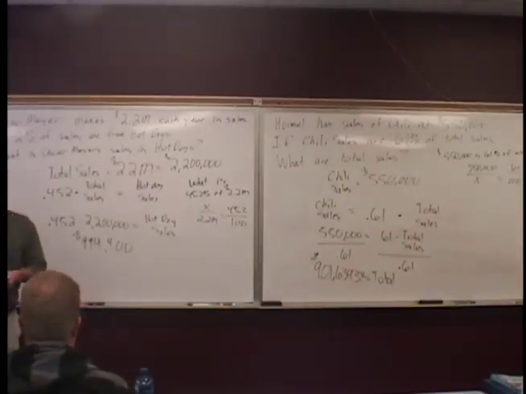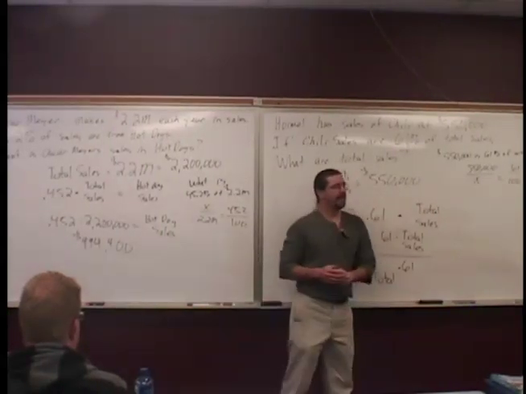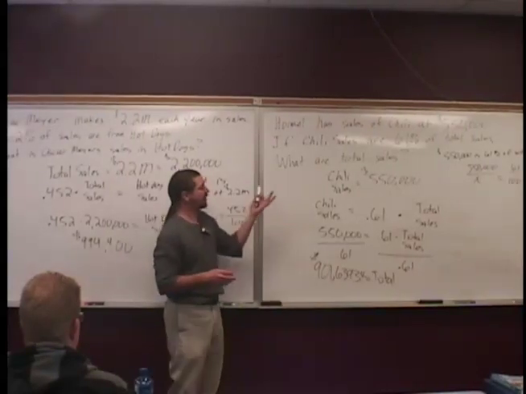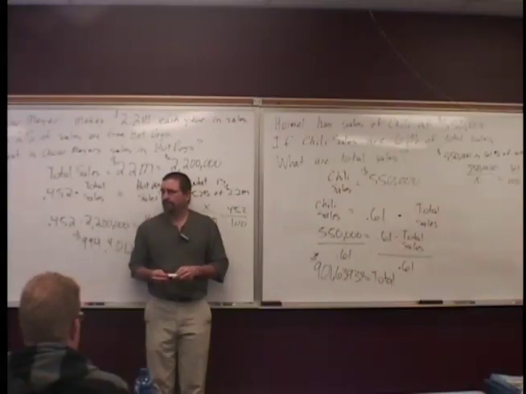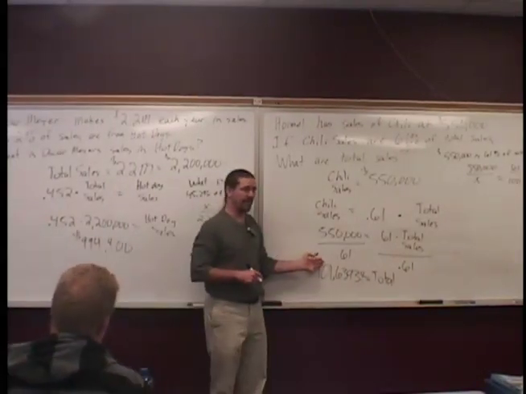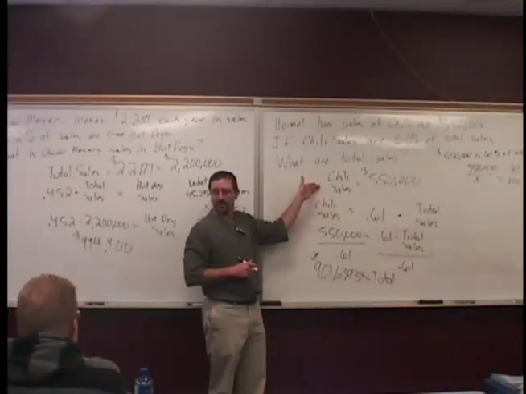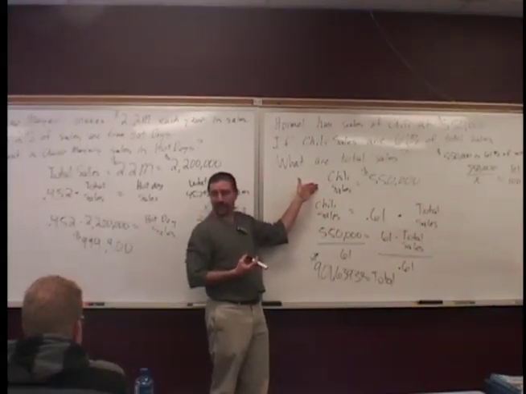Hopefully, if you happen to do this problem wrong, right? So imagine if you looked at this problem and said, oh, all I have to do is take 550,000 and multiply by 0.61. If you take $550,000 and multiply by 0.61, what do you get? You get like 300,000 some odd dollars, right? If you tell me that total sales are $300,000 and chili sales are $550,000, you live in La La Land, right?